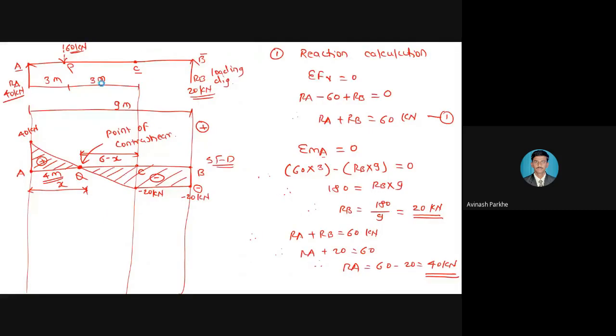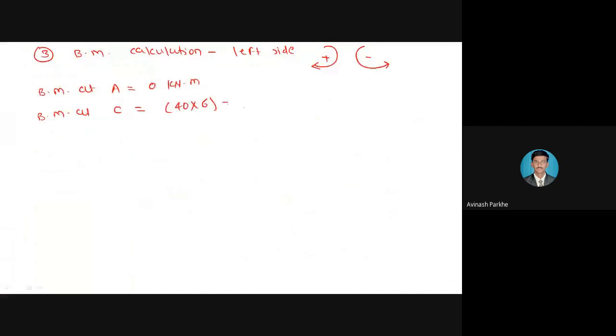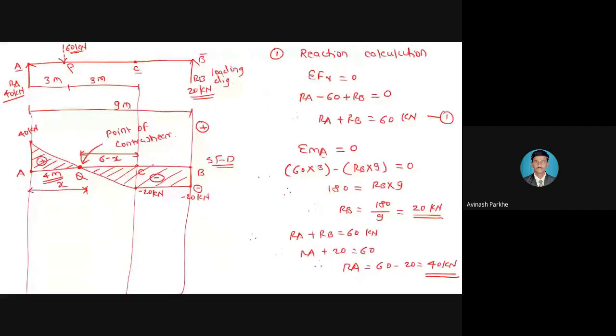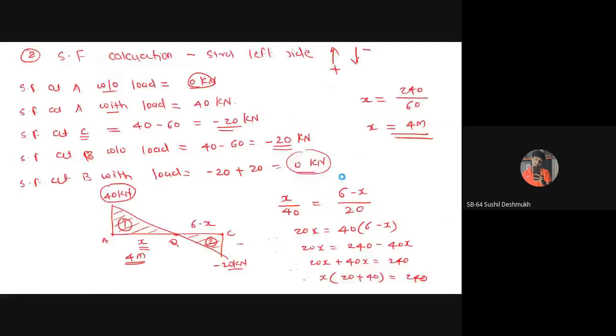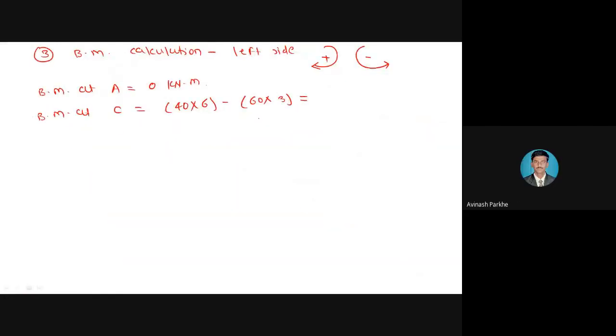It is positive, 40 into 6, positive, minus point load 60 into, the UDL's point load is acting exactly at the center, 60 into 3 is equal to, tell me the value. 40 into 6 minus 60 into 3. What will be the BM value? 60 kilonewton meter.